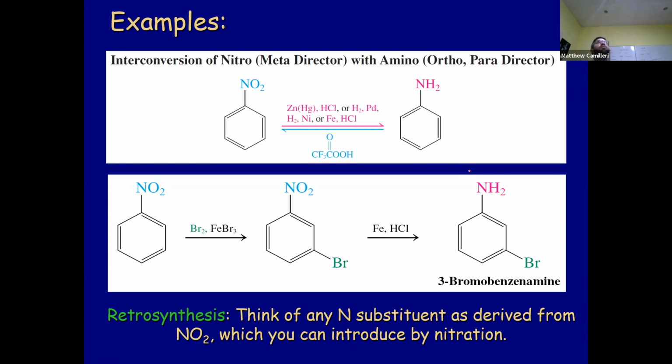Okay? No matter how substituted the group is going to be, you do it by nitration. Okay? So let's say I want to make N-methyl or N-dimethyl aniline. Okay? I can do it by adding first the nitro, then reduce, then add. I would probably go for chloromethane.